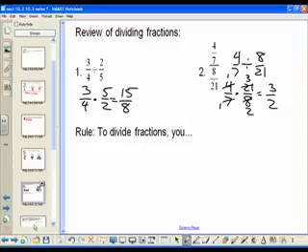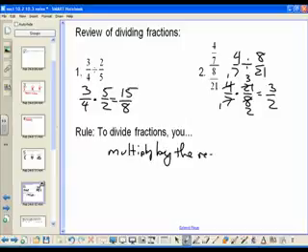Reviewing. So to divide fractions, you do what? You multiply by the reciprocal. We multiply by the reciprocal. Like that.